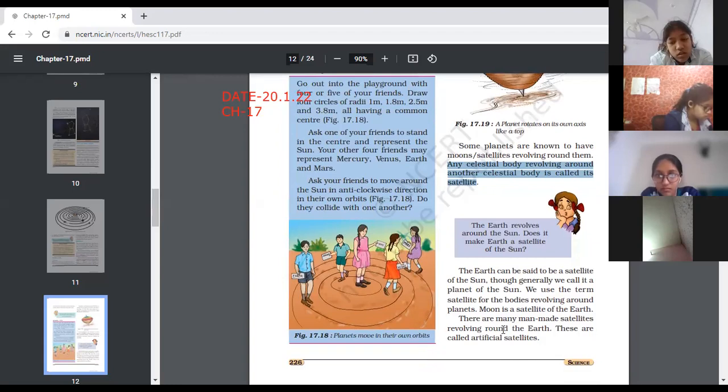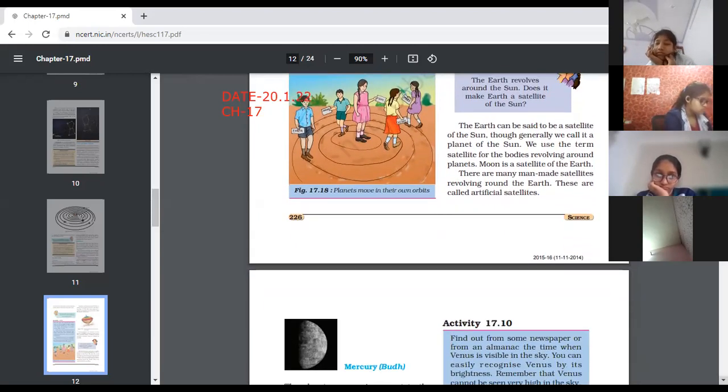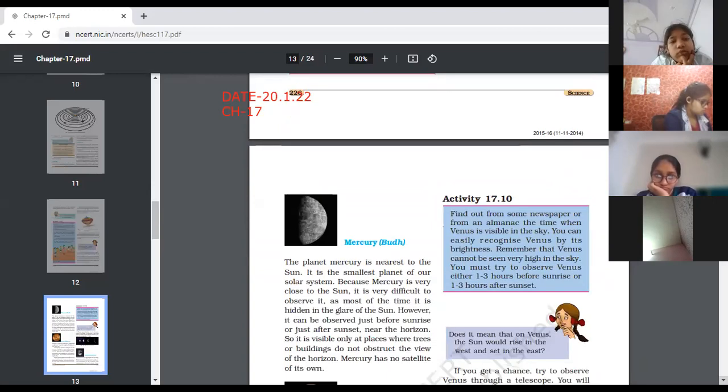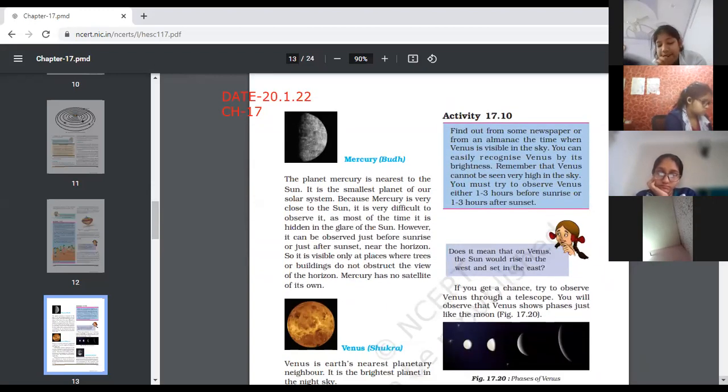There are also many man-made satellites revolving around the Earth, known as artificial satellites. But as per the definition, any celestial body revolving around another celestial body is known as a satellite.